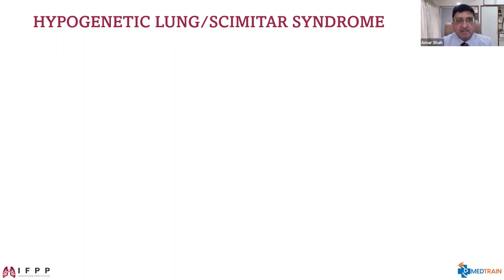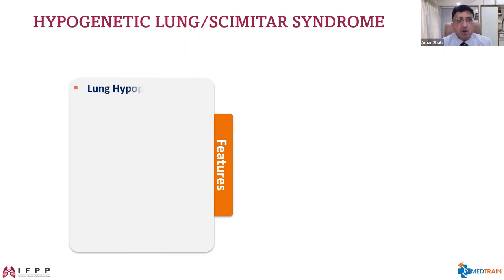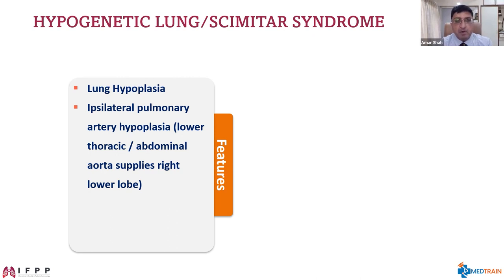So the next problem is a hypogenetic lung, which is also called scimitar syndrome. Here, the features are of lung hypoplasia. However, the ipsilateral pulmonary artery is hypoplastic and the lower thoracic or the abdominal aorta supplies the right lower lobe.